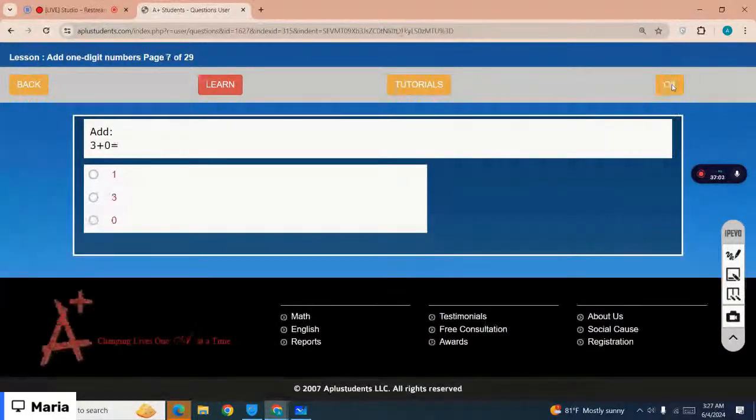3 plus 0 equals, yes, 3. When you add 0, the number stays the same, right? So 3 plus 0 is 3. The correct option is 3.